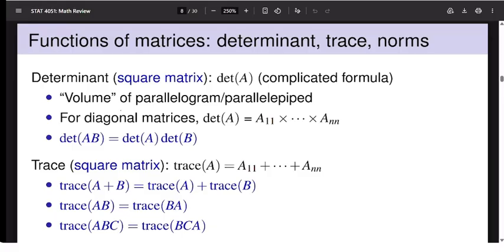Now I also wanted you to know that if I have a product of matrices AB, the determinant of the resulting matrix is the same thing as the product of the determinant of A and the determinant of B. When the determinant of a matrix is 0, the matrix is singular.